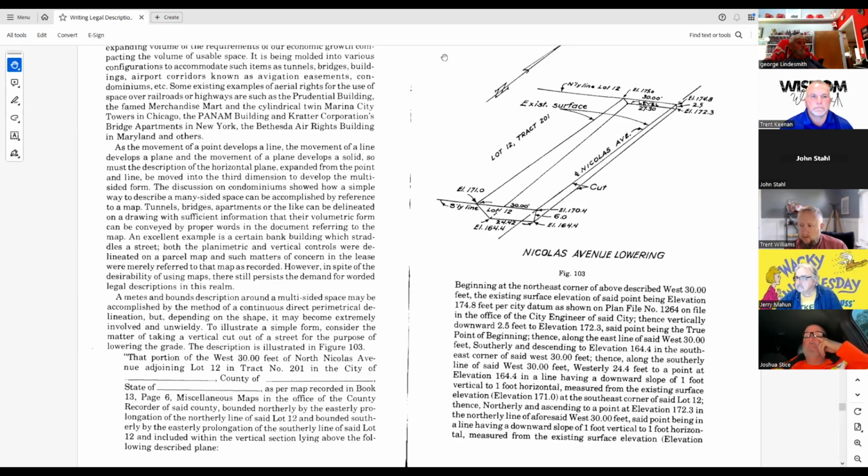It also was important because it had to do with radio, that the FCC needed to know where it was vertically in relationship to other vertical structures in the area. So there are certainly times when writing a description, the vertical component is important.